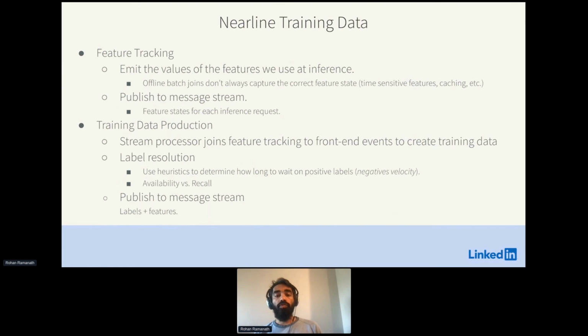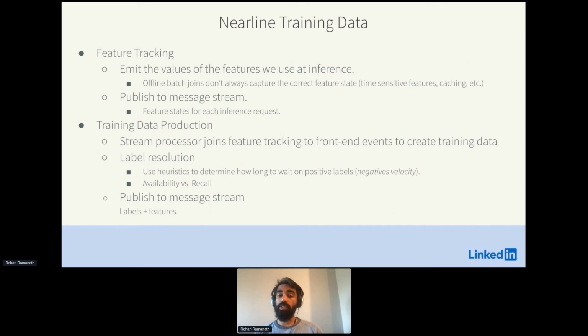Now, the goal of incremental learning is to reduce the gap between a member's action and the updated model. One of the largest bottlenecks in this process is the production of training data. In order to address this, we emit all feature values used to make predictions in real time from our service. And we use Apache Kafka to do this.